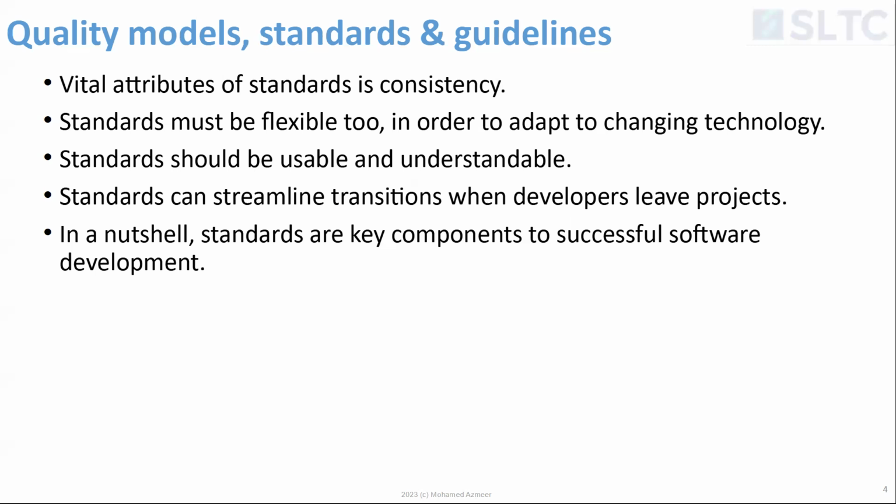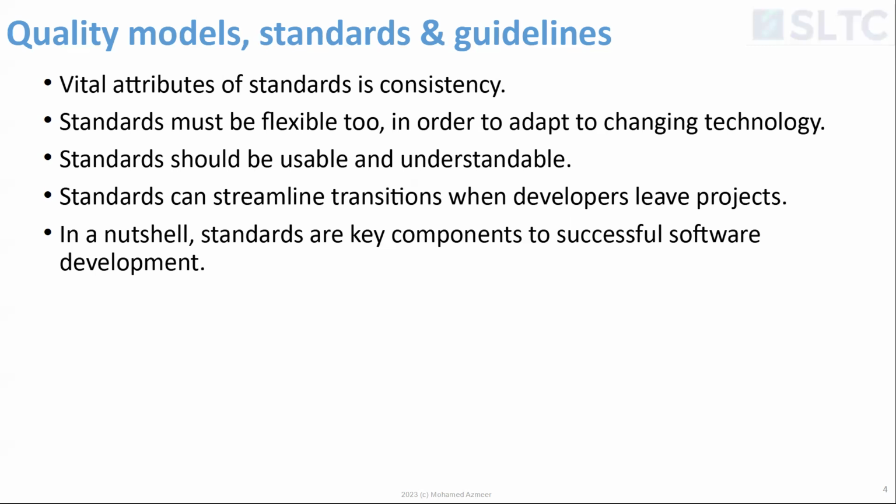And the third point is very, very important. A standard should be usable and understandable. Now, what does that mean? If your standard doesn't allow you to do your work faster or properly, then that's a bad standard, isn't it? We want to do our work fast and better, and the standard should be helping you to do that.